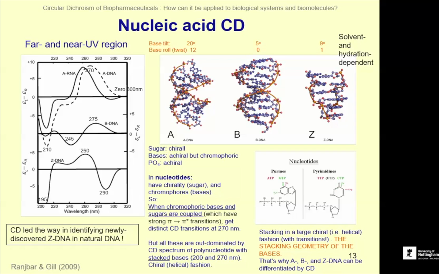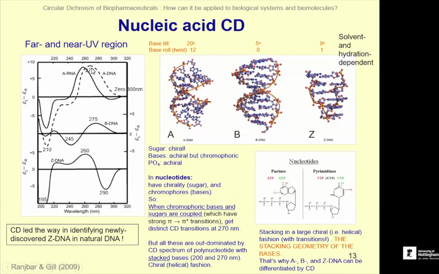So they have strong chromophoric groups that will absorb the light, and the sugars have the chirality. So when they're linked together in DNA, you've got chromophoric groups with a chiral molecule, and you can get a composite which is now chiral and absorbing the light. So that's the first thing, and you get strong pi to pi star transitions, and that's what you see around 270 nanometers.